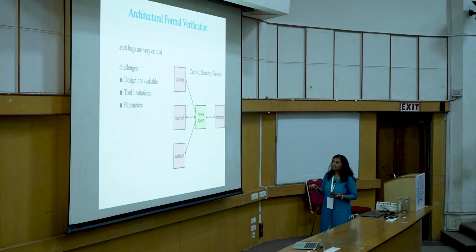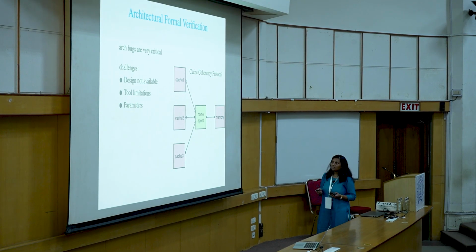There are two issues. If we think of many configurations, then we may not have time, deadlines are approaching, or it is not even feasible for a tool, because sometimes if we increase the caches, it becomes non-convergent.